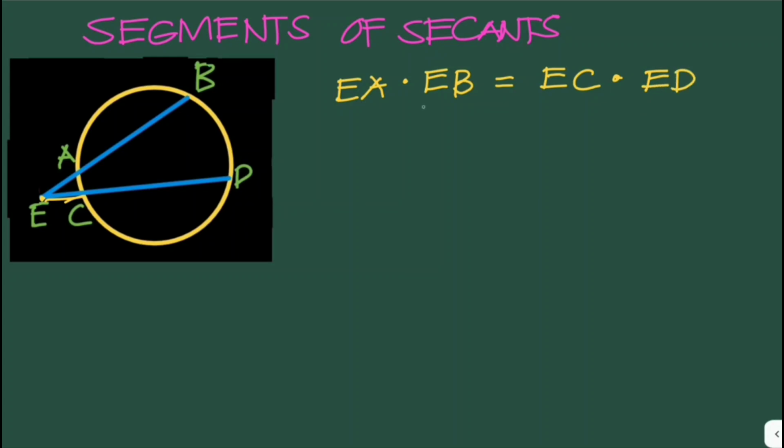So that is the length of one secant segment, which is EB, and then its external segment equals the product of the lengths of the other secant segment, which is ED, and its external segment EC. Now let's solve a sample problem here.